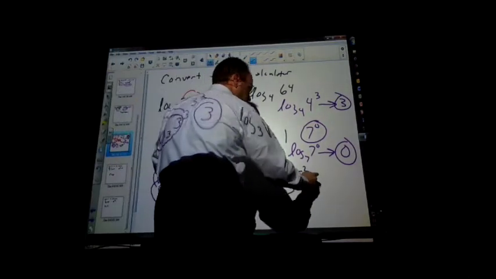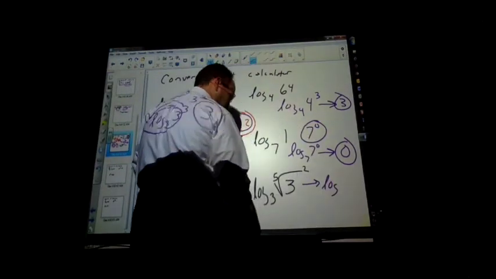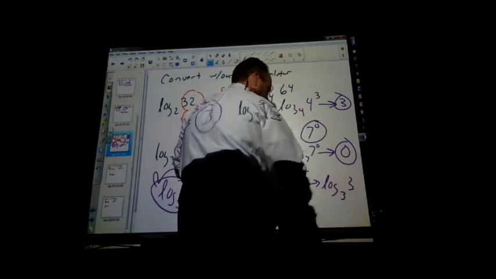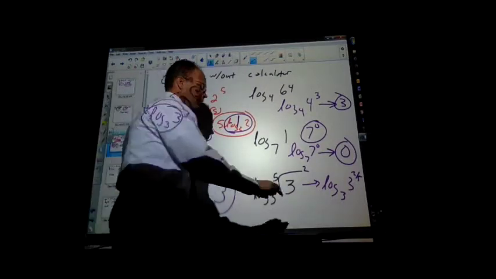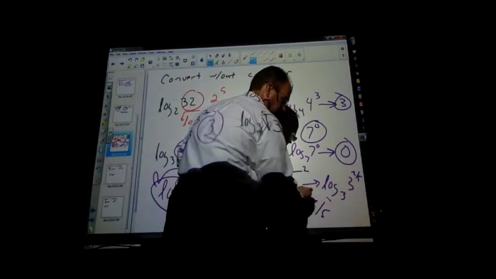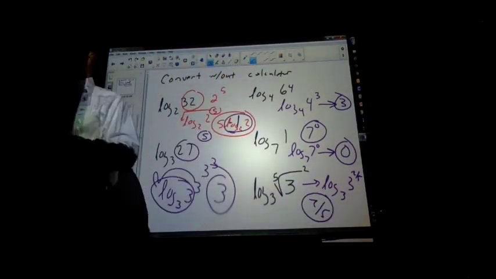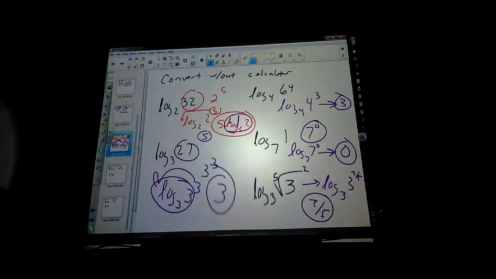So this becomes log base 3 of 3 to the 2/5 power. So what's this answer? 2/5. So log base A of A becomes 1, and the exponent comes down.